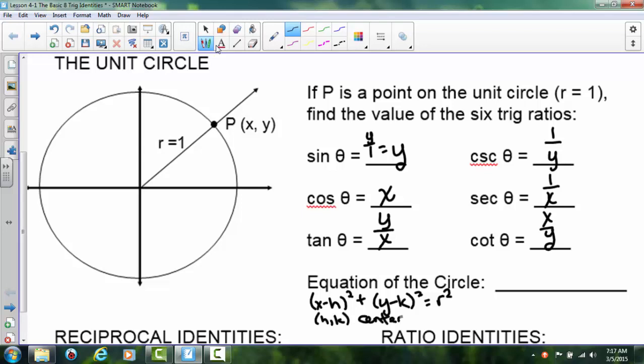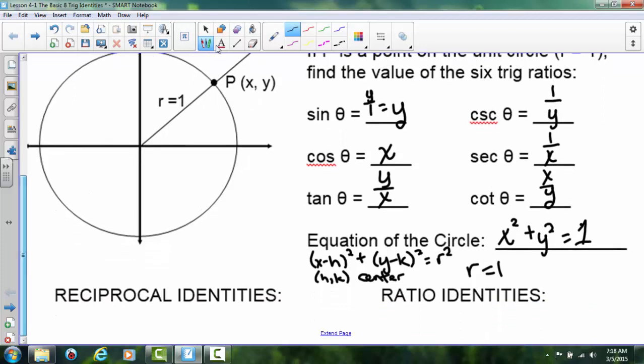Okay, so for this particular circle, the center is 0, 0, the origin. So we're just going to have x squared plus y squared, and then since r is 1, r squared will also be 1. So there's the equation of that circle.